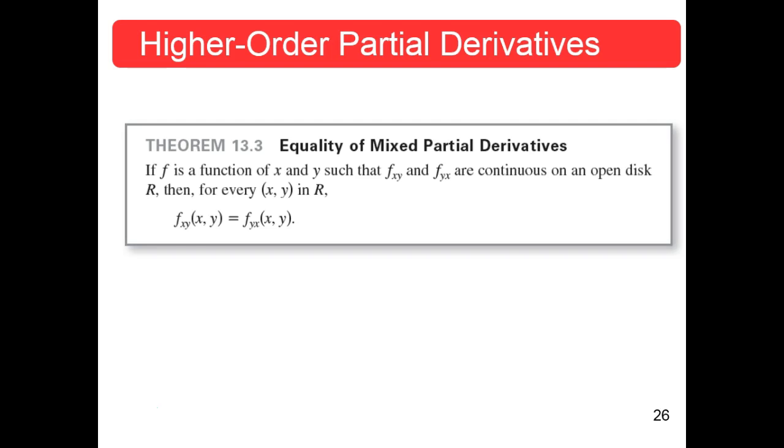If f is a function of x and y, just two independent variables, such that f sub xy, which means the partial of f with respect to x and then the partial of that with respect to y, and f sub yx, the partial of f with respect to y and then the partial of that with respect to x, are both continuous on an open disk R, then for every x, y in that R, f sub xy of x and y is equal to f sub yx of x and y.